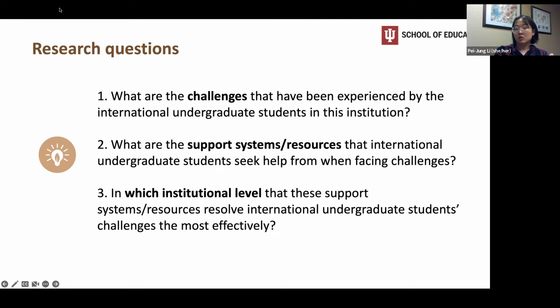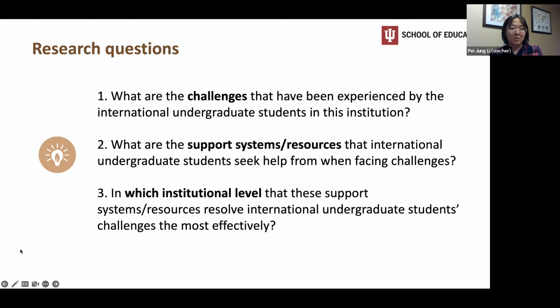And the third question is at which institutional level the support systems and resources could resolve international undergraduate students' challenges more effectively. So maybe by writing these questions, I have already been doing some of the study. For example, I've read a couple of articles or done a literature review of what support systems have generally been identified for international students.